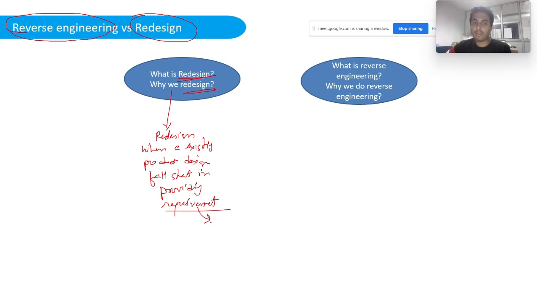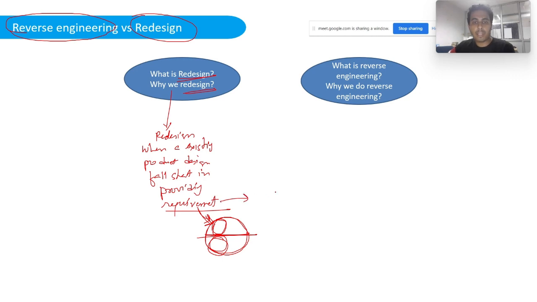You may desire to design a device which will dispense 5 sachets in a minute, but you end up dispensing only one sachet in a minute. That means you have done something wrong in your engineering, so you need to redesign your engineering, the circuitry or the mechanism. That is why it's called redesign of the engineering unit. The problem comes from the engineering design side.